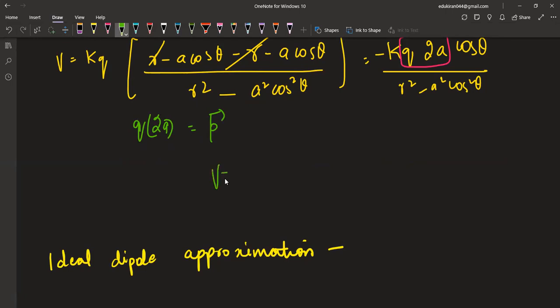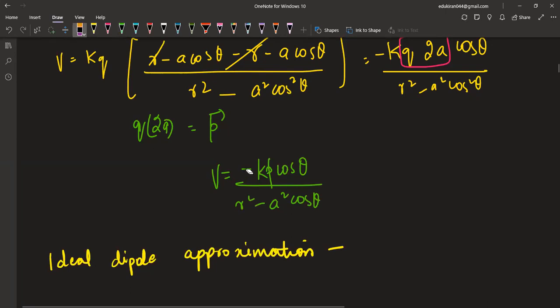So what is the formula? Minus Kp cos theta divided by R square minus A square cos square theta. Let us ignore the minus sign also because it's not a vector quantity, it's a scalar quantity.